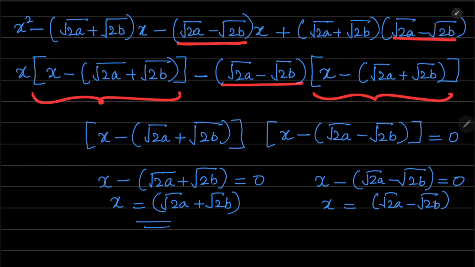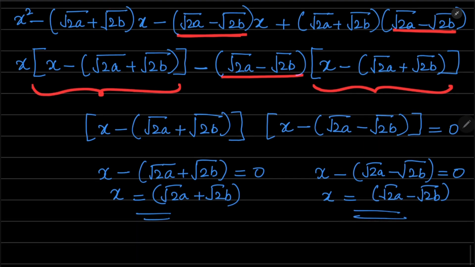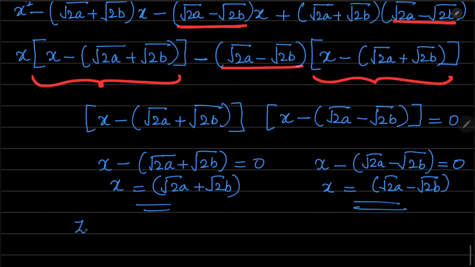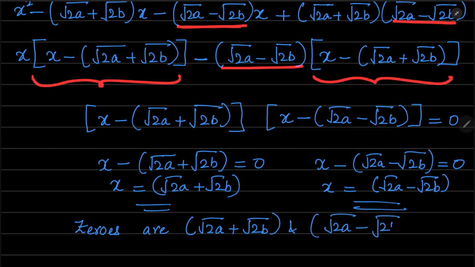Because it's in the bracket, nothing changes. It's just the negative sign outside. If it goes to the other end, it becomes positive. So these are the two zeros, right? You can write the zeros of the given polynomial are within bracket root 2a plus root 2b and root 2a minus root 2b.